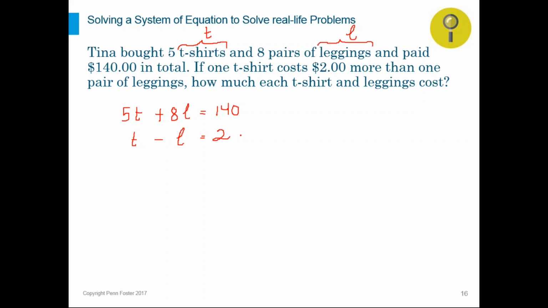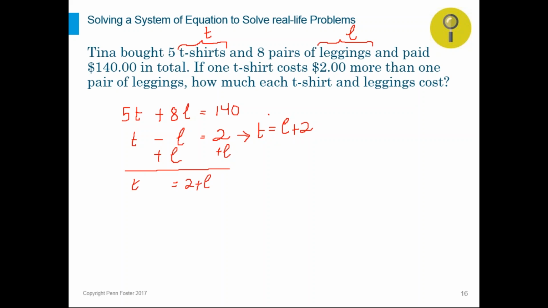From the second equation, I conclude that T equals L plus 2. What I did actually is I added L to both sides. I just want to show you how I found this part, and T will cancel out, T equals 2 plus L, which is the same thing I have here.